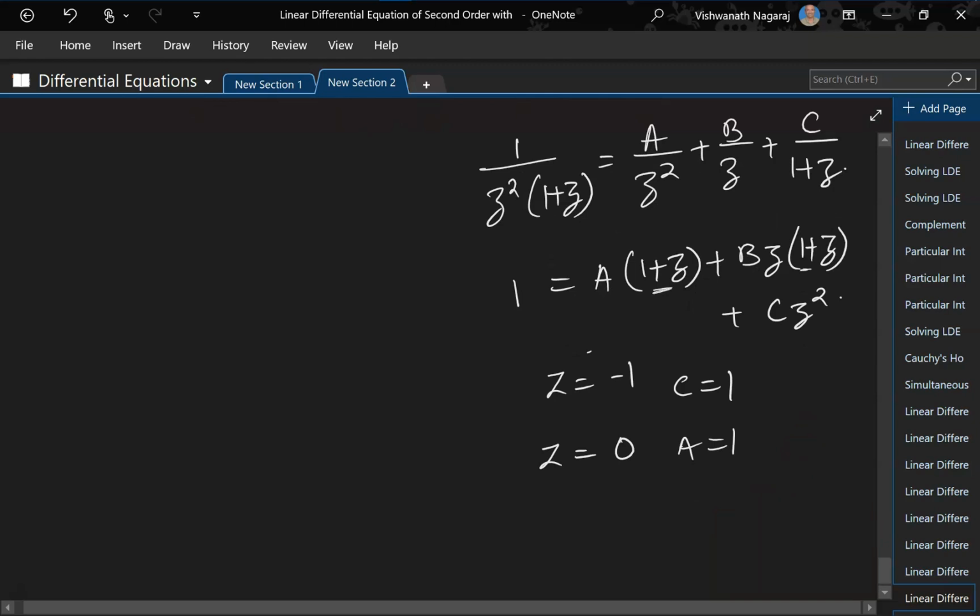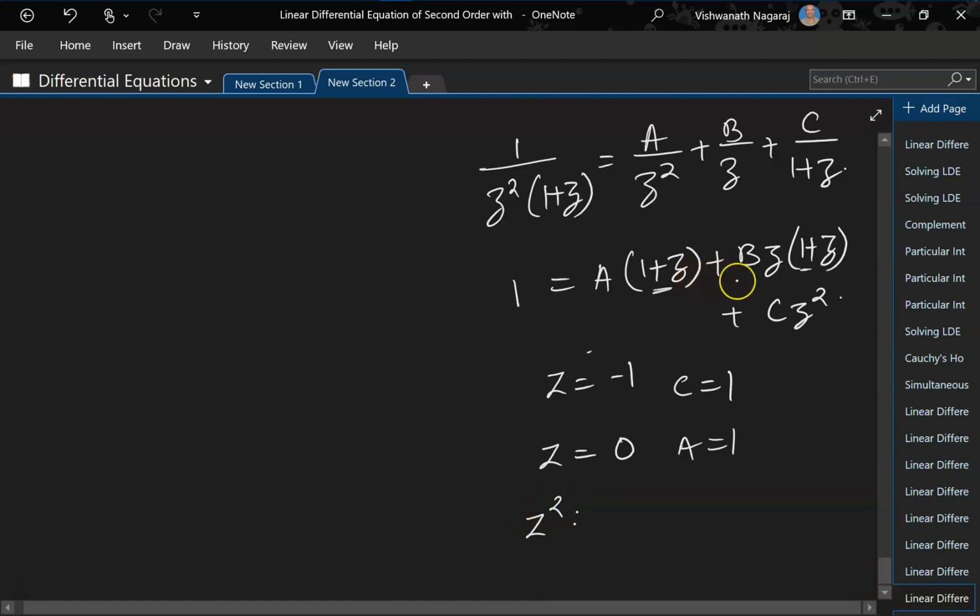Now in this case there is no other value we can substitute by which something can disappear. So let's look at the z square terms. We have c z square, and here b z times z, so b z square plus c z square.